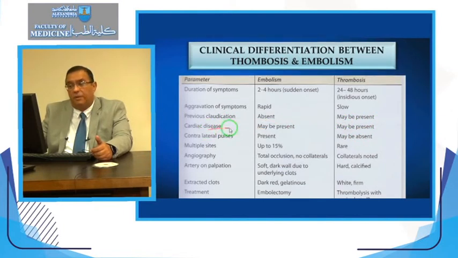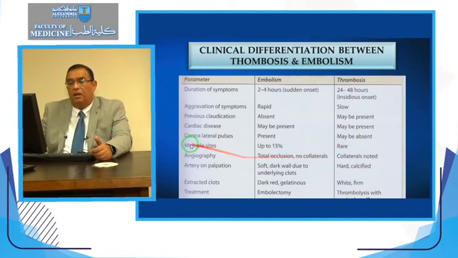Cardiac disease is present in embolism, and may or may not be present in thrombosis. The contralateral pulse is present in embolism, but in thrombosis may be absent if the patient has chronic ischemia of the other limb. Usually embolism is localized to the site of bifurcation, while thrombosis may occur at multiple levels.